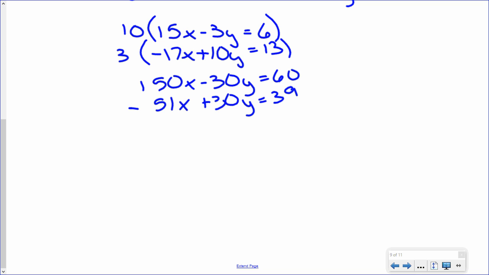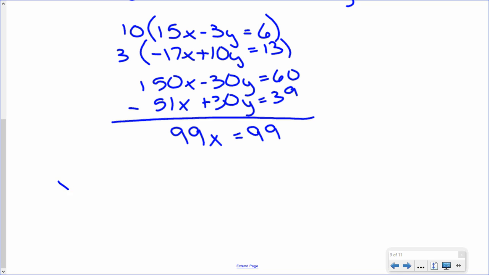Okay, so the plan worked. The y's eliminate, so we'd have x equals 1.